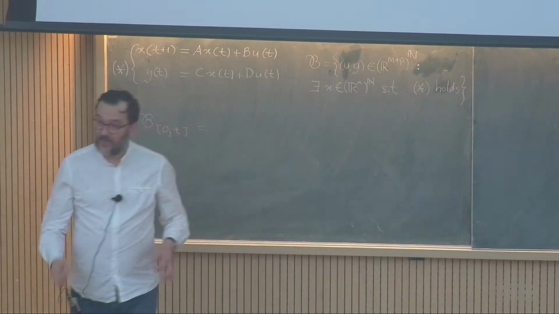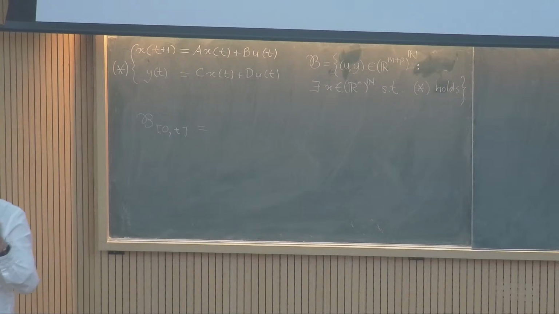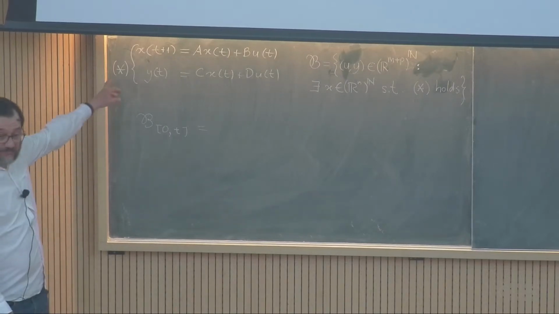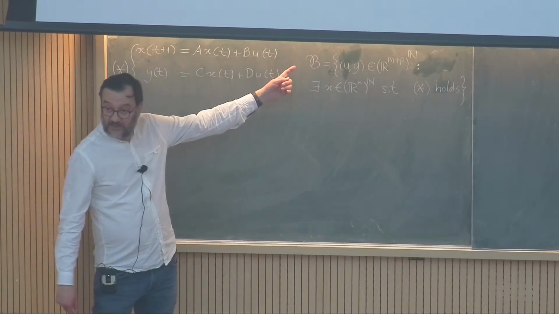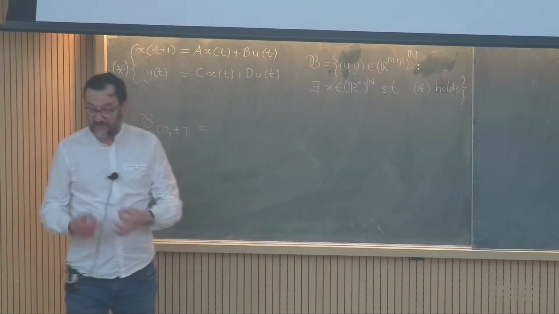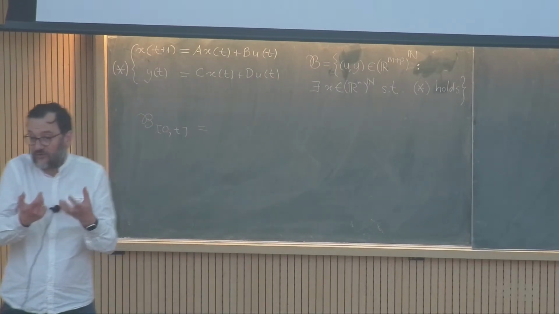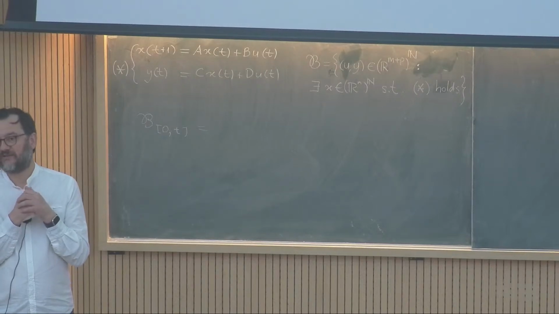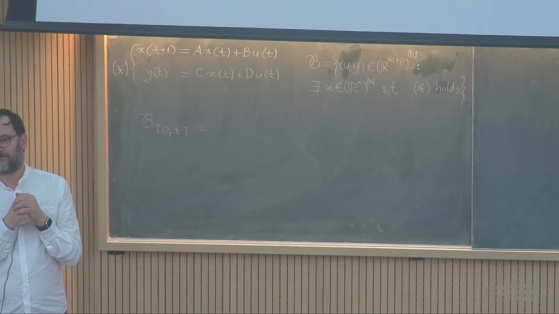All input-output trajectories of this system are collected in the behavior. The behavior is the set of all input-output trajectories, sorry. Okay?